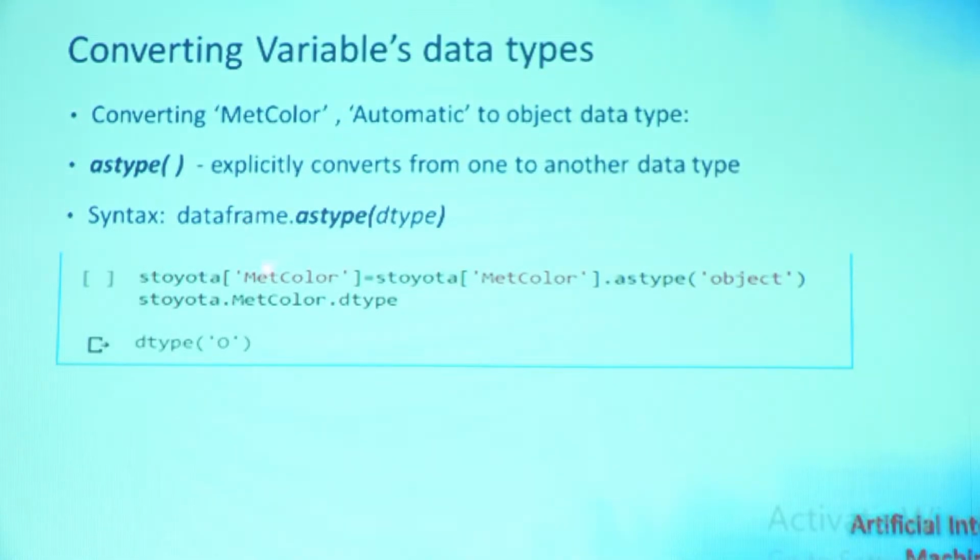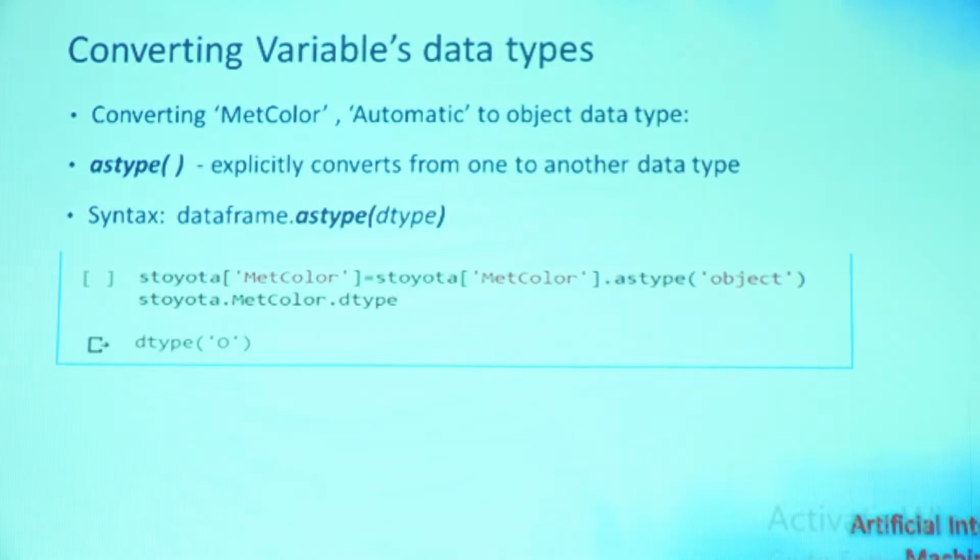So I should typecast it. What I am doing here is changing met color astype object, and again I am checking the data type. So I am getting the data type as O. So it's converted to object. Are you clear why I am changing it to object? You seem to be very confused. You are clear? Right? Do that for automatic also. I converted met color, it is on your screen.